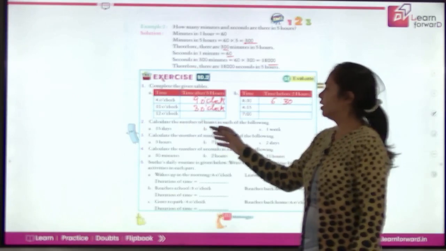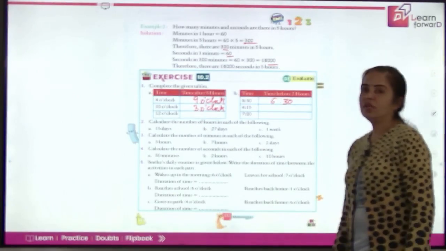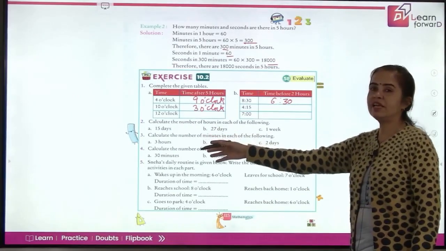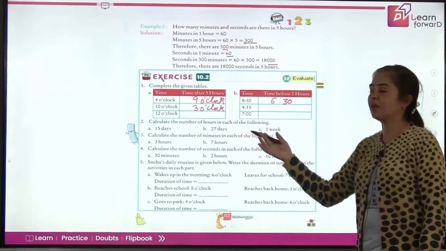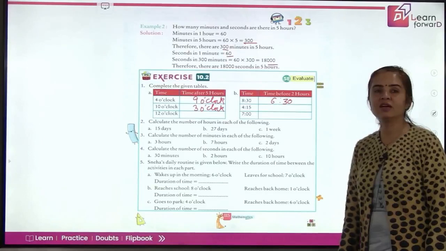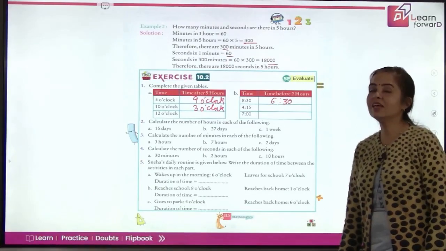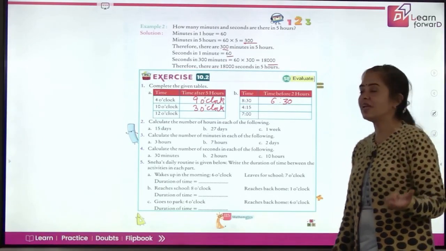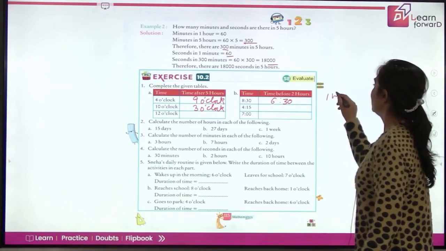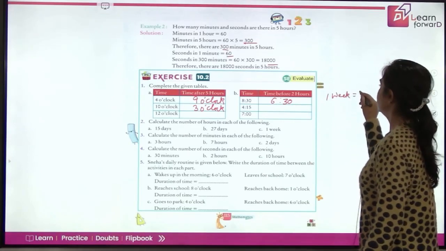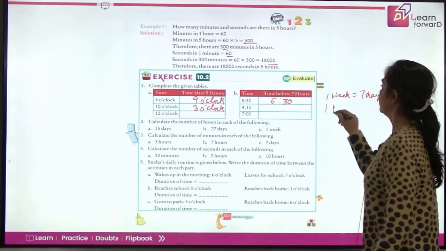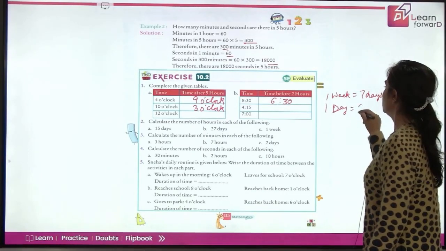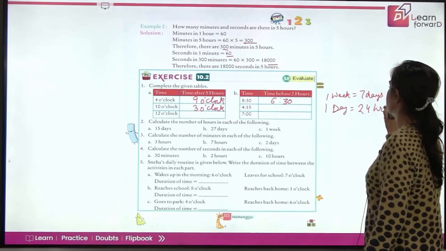Now calculate the number of hours in each of the following. So you have to find out for 15 days. What will you do? Multiply by 24. Same here. And what about 1 week? 1 week is to be converted into days first. So we will write 1 week is equal to 7 days. 1 day is equal to 24 hours.